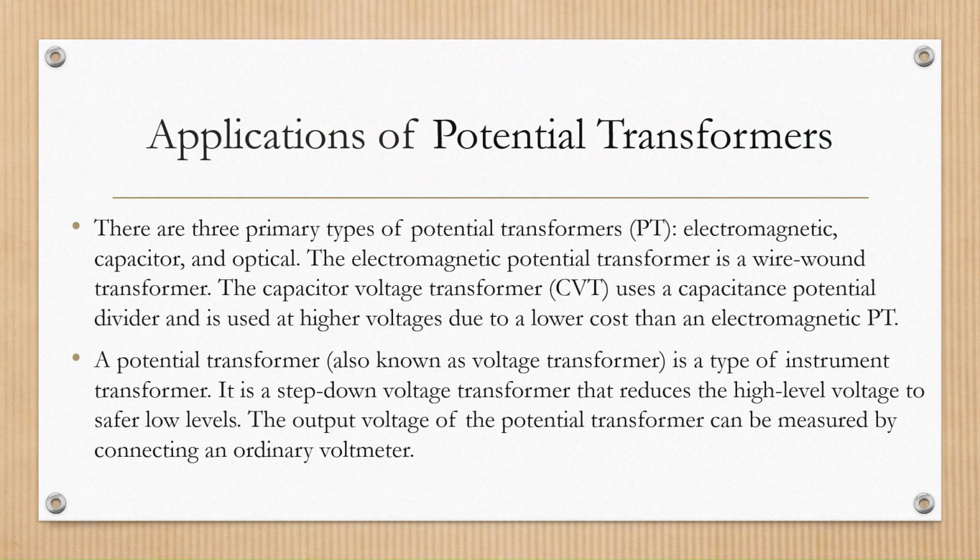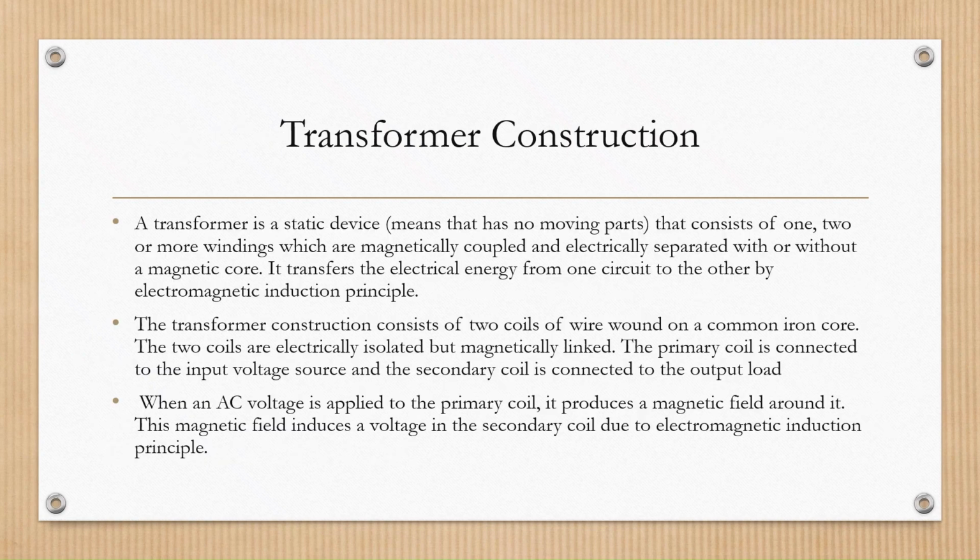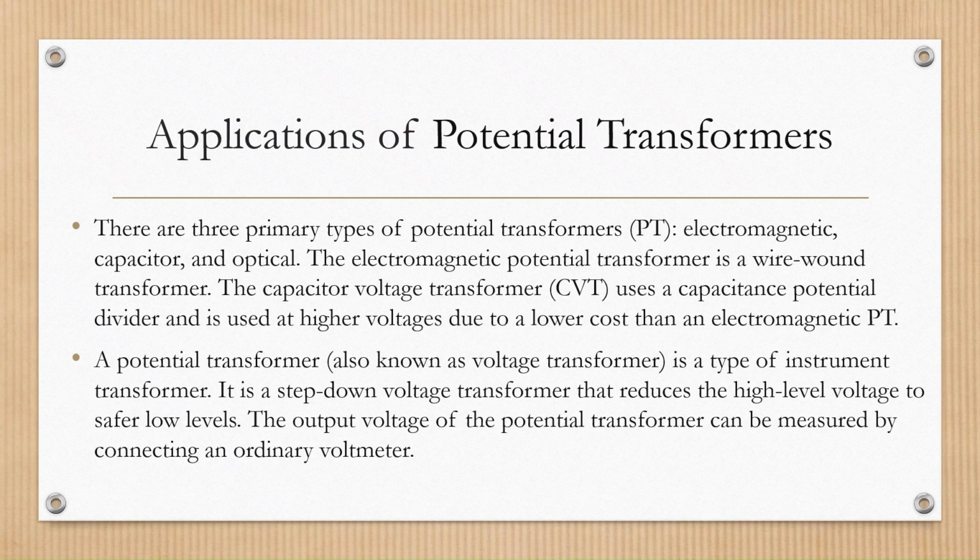There are three primary types of potential transformers: electromagnetic, capacitor, and optical. The electromagnetic potential transformer is a wire-wound transformer. The capacitor voltage transformer, CVT, uses a capacitance potential divider and is used at higher voltages due to a lower cost than an electromagnetic PT.